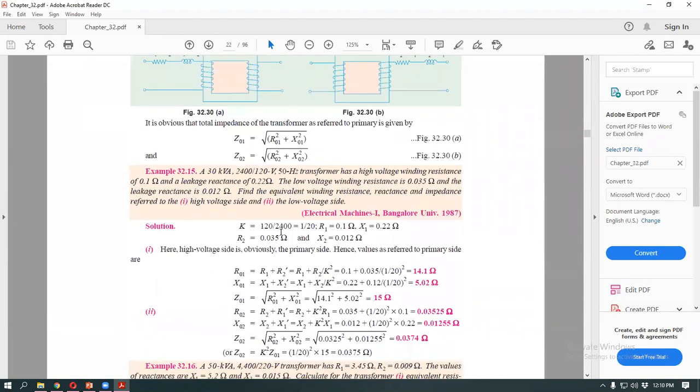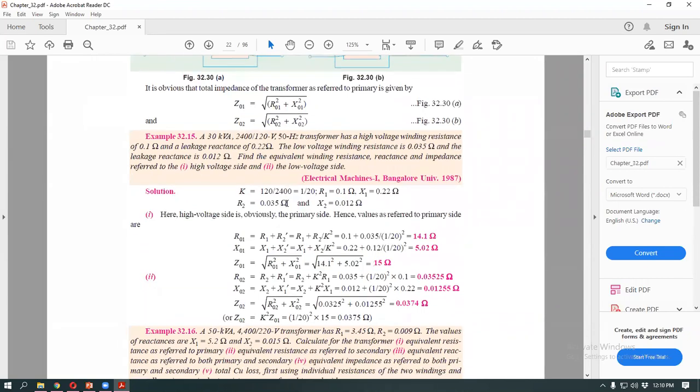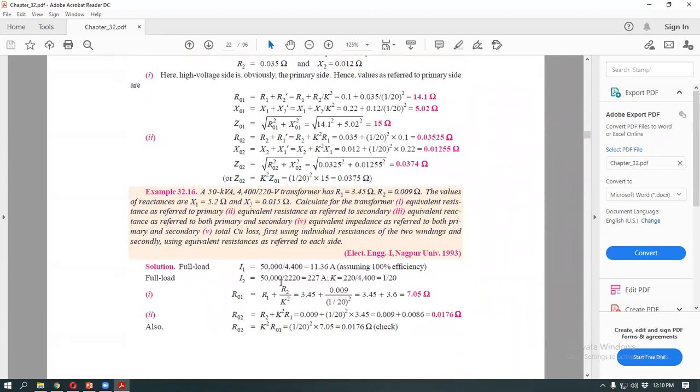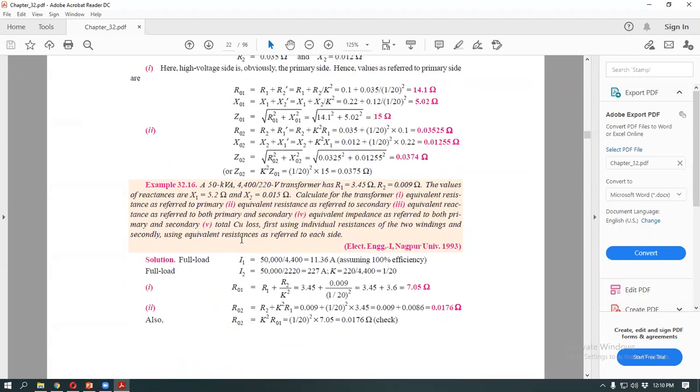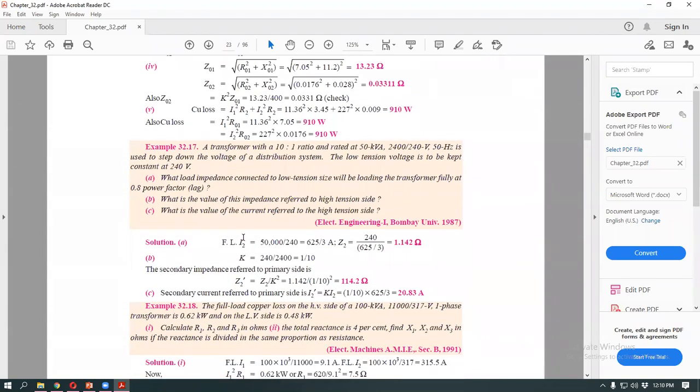This question is very easy. Almost the same. Okay. This is also the same. Equivalent resistance referred to secondary, equivalent reactance referred to both primary and secondary, all are primary. It's also clear. Okay, clear.